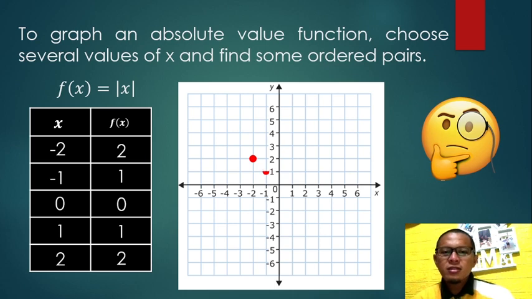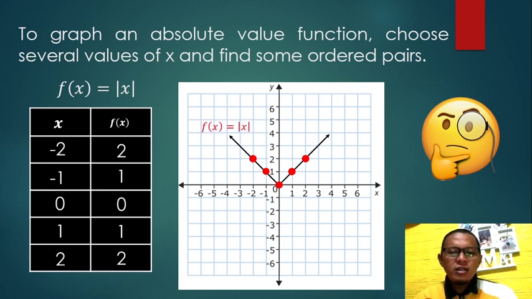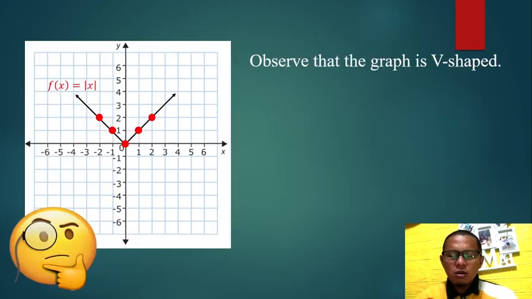Still in the second quadrant. 0, 0 is the origin, very good. 1 and 1 is in the first quadrant, and 2 and 2 is still in the first quadrant. So let's connect all the dots. That is the graph of f of x equals the absolute value of x. If you observe, the graph is a V shape.